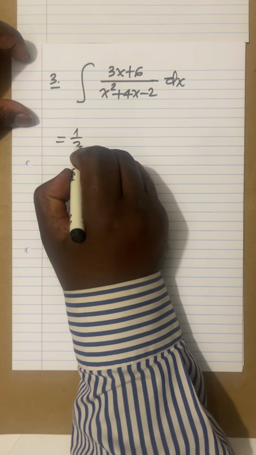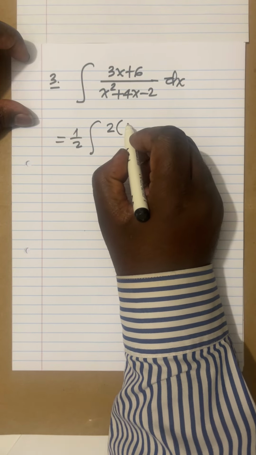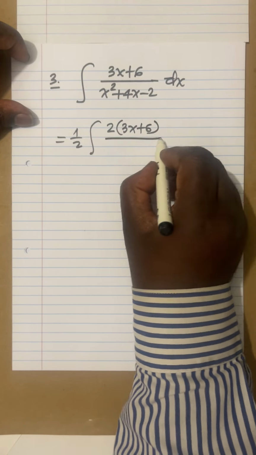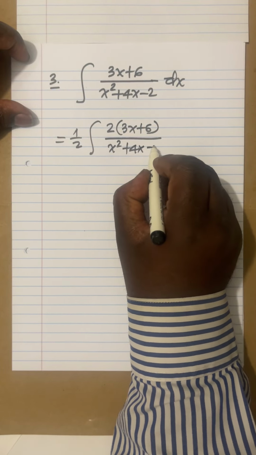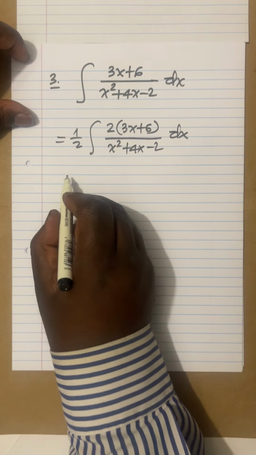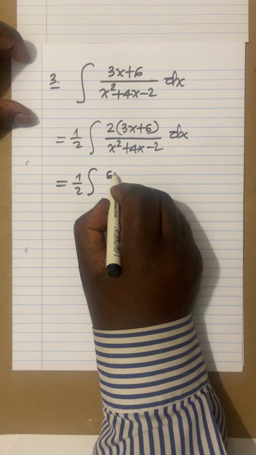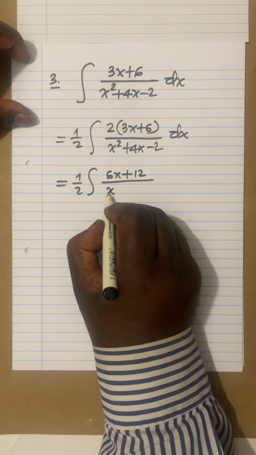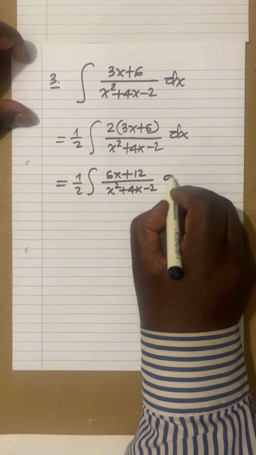So half means dividing by 2, and I multiply that numerator by 2. So (3x plus 6) all over (x squared plus 4x minus 2) dx. Now just expand that. You're going to have half the integral of (6x plus 12) all over (x squared plus 4x minus 2) dx.